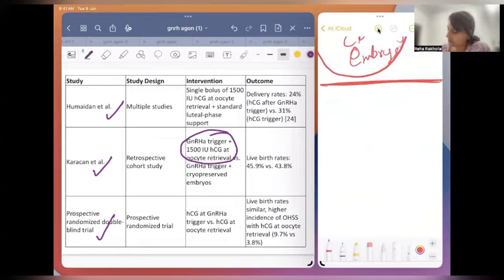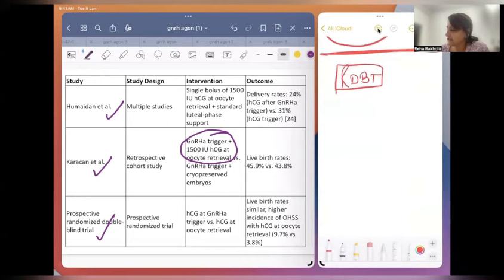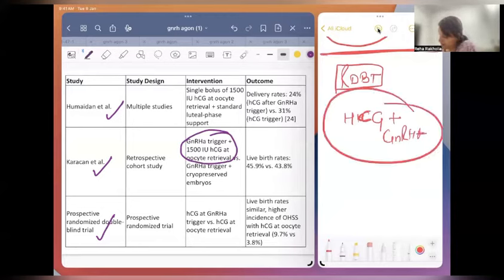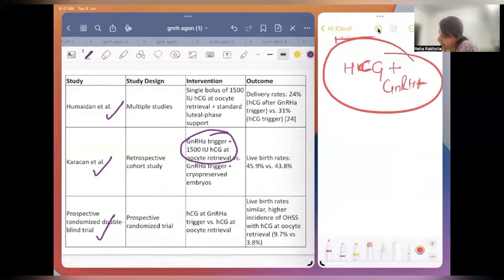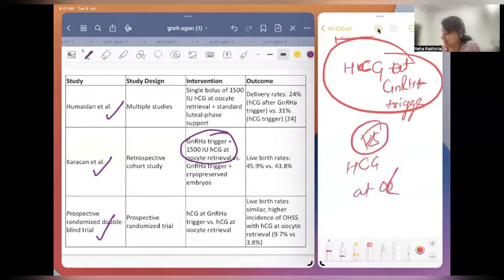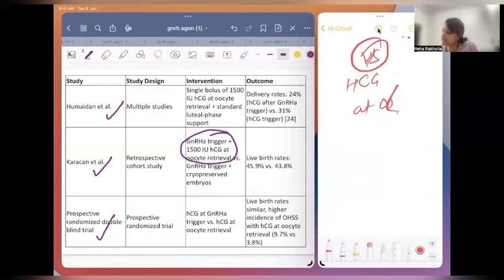Then we saw the randomized double-blind trial. In that we gave HCG plus GnRH agonist trigger, versus HCG at oocyte retrieval.